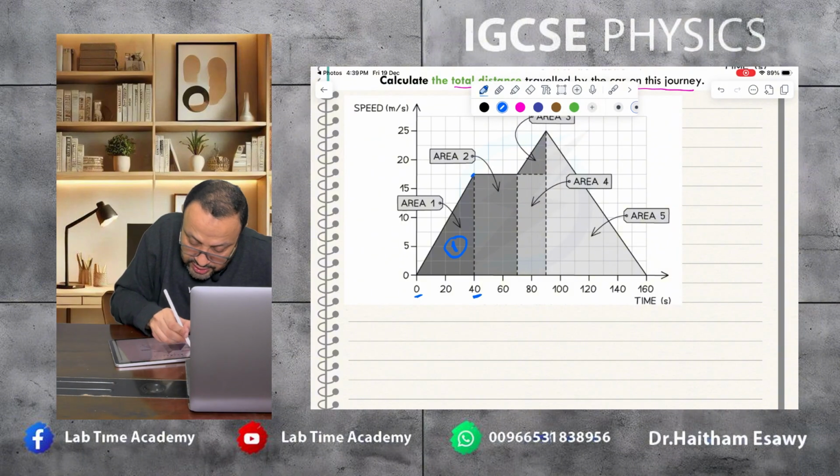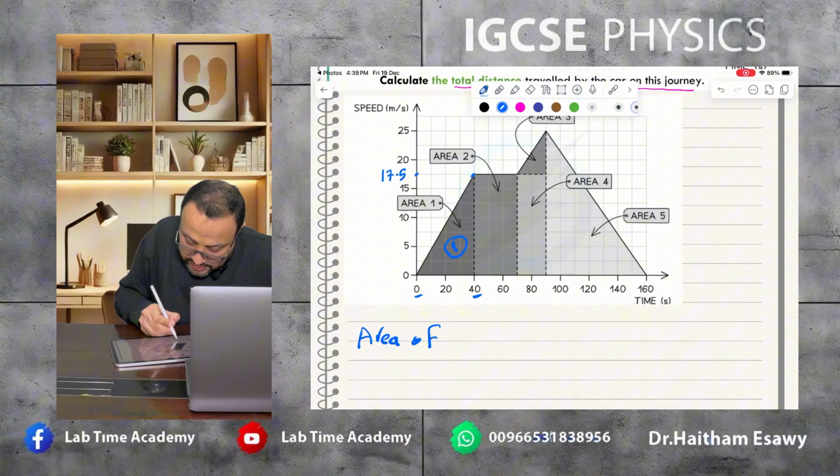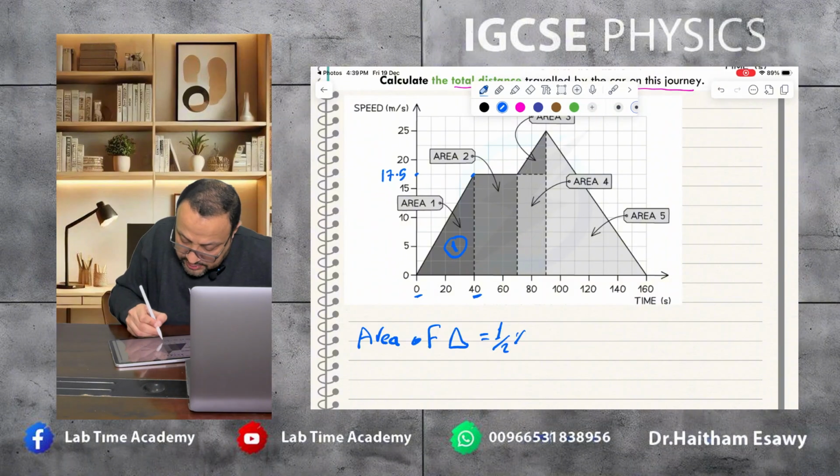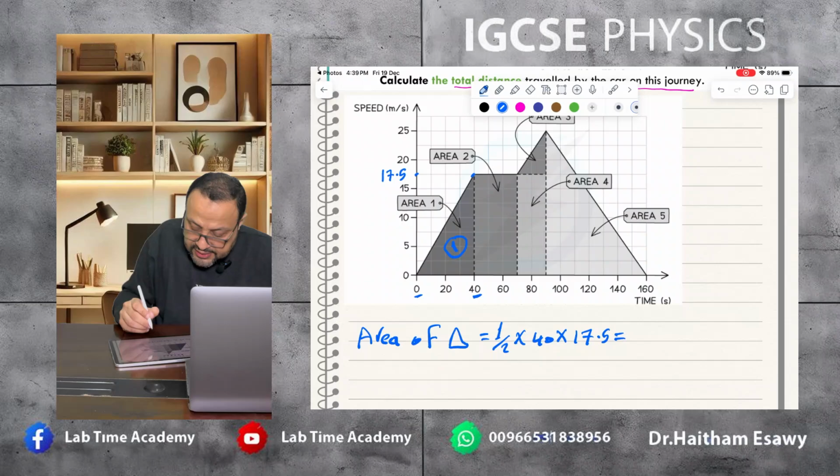Till this point, which is between 15 and 20, it will be 17.5. So the area of the first triangle is half times 40 times 17.5. This is the area of the first shape.